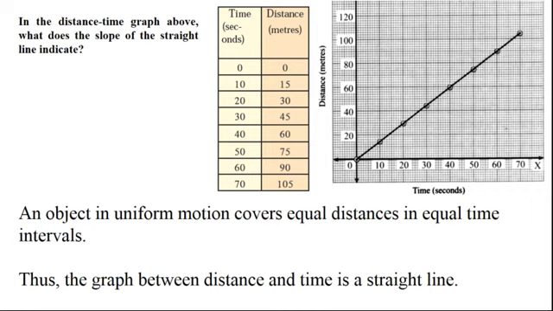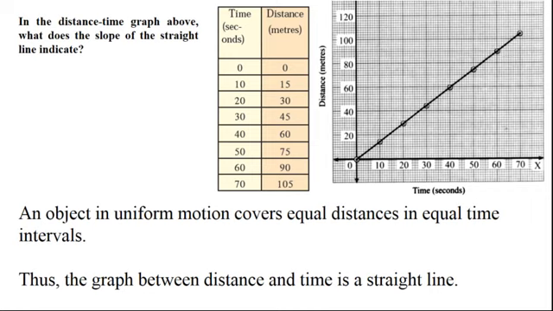Before we understand the distance-time graph, first observe this table. The time in seconds is 0 second, 10 second, 20 second, 30 second, and so on. The distances are taken in meters: 15 meter, 30 meter, 45 meter, 60 meter, and so on.